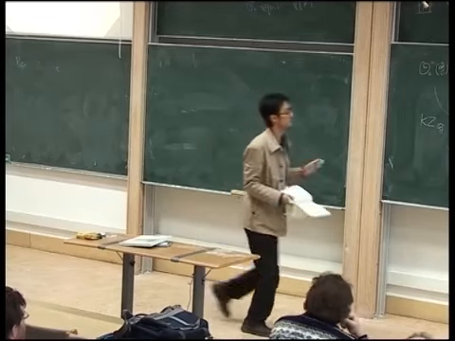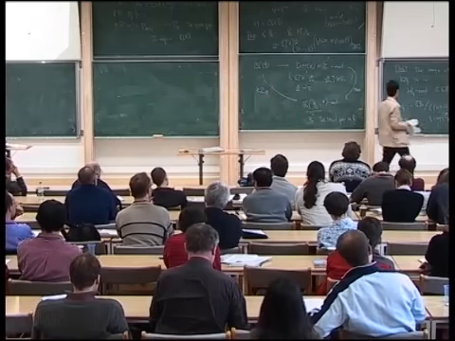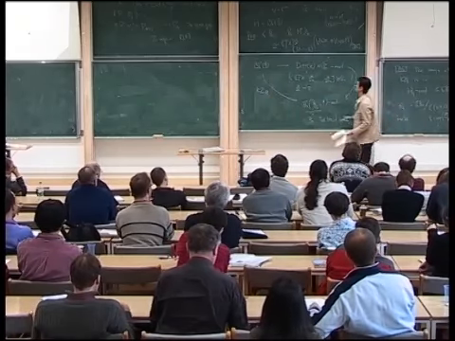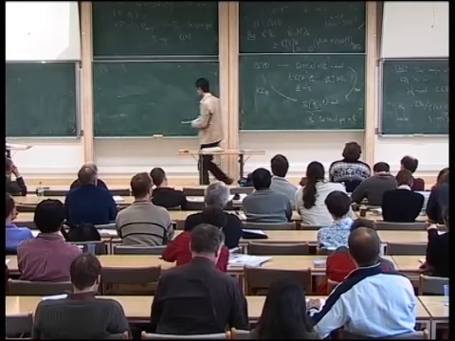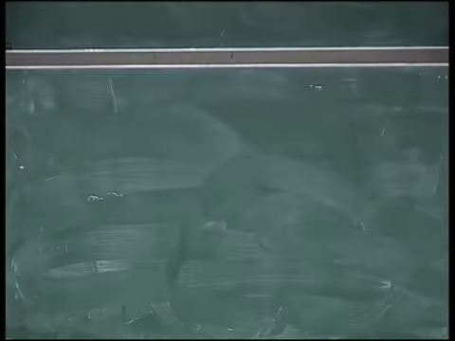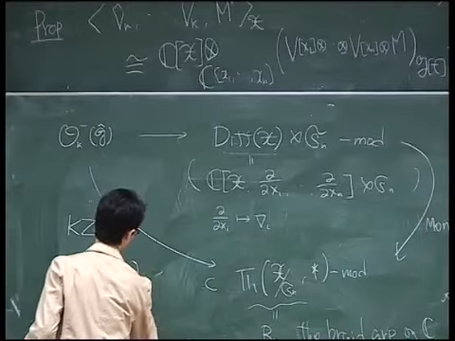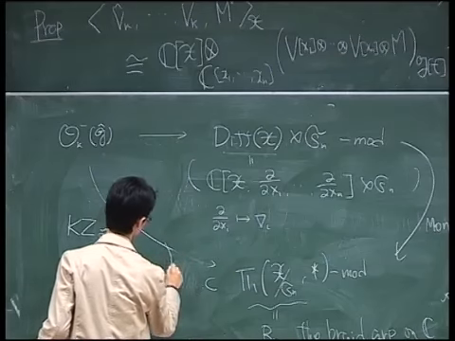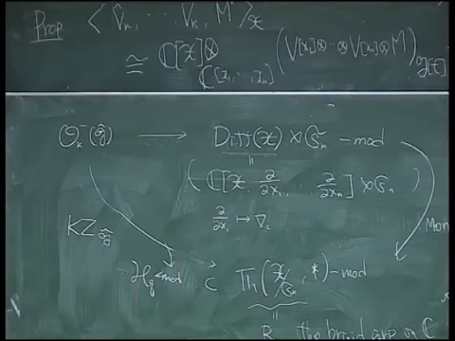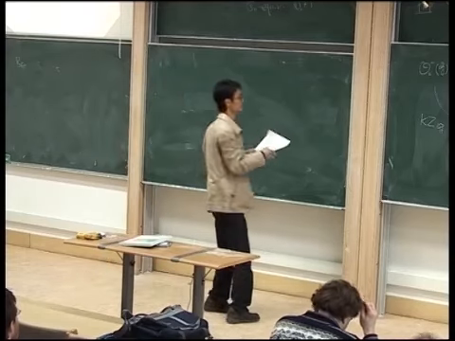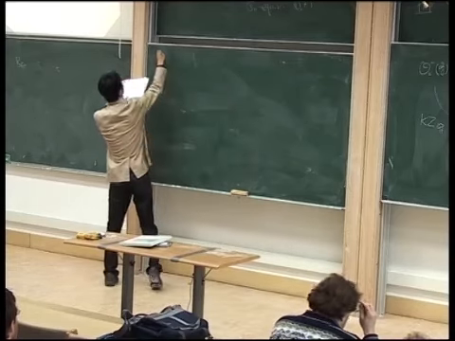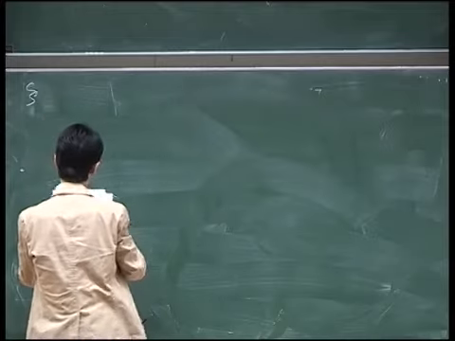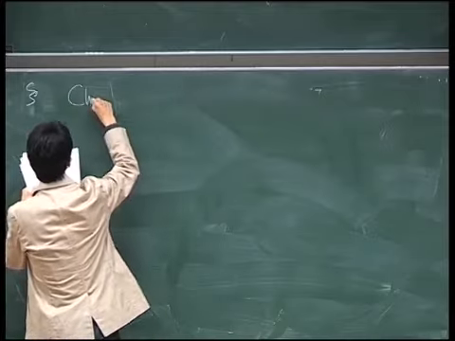So it's natural to ask how good is this functor from the category of g hat modules to the category of H_q-modules. But before considering this problem, we proceed to Cherednik.